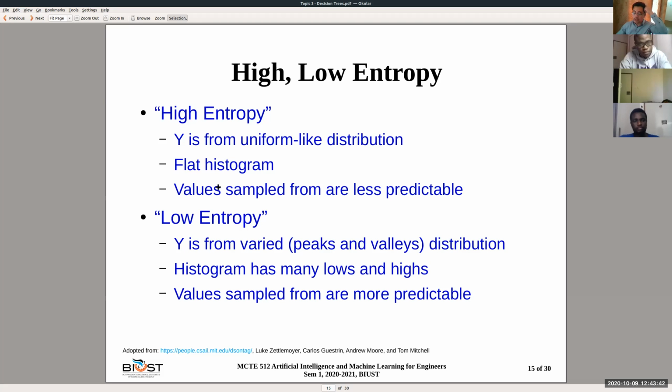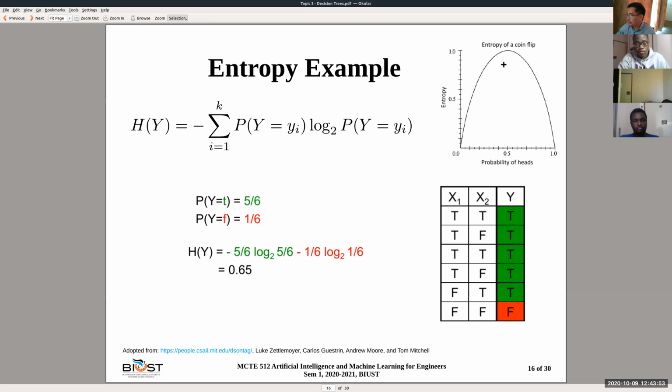We don't know exactly what's going on from the samples. But with low entropy, there will be peaks and valleys. If this peak is very sharp, then we know definitely, and of course we want lower entropy. If there are peaks here, then we know that the entropy is very low and there's certainty. In this case, it's a valley.